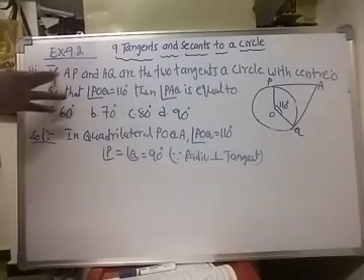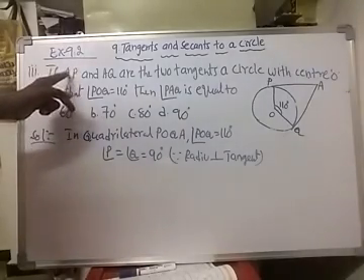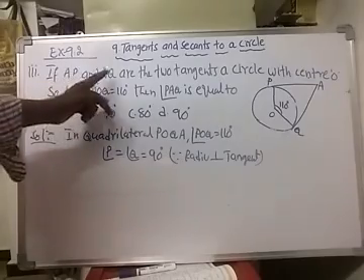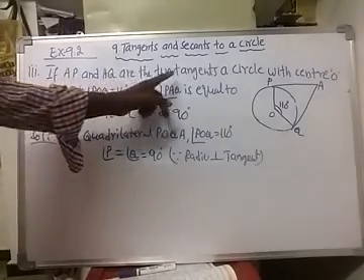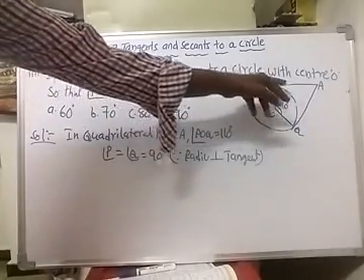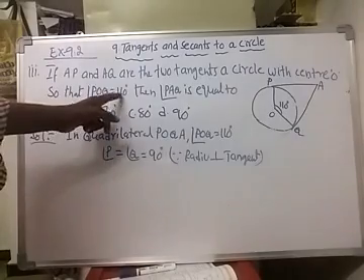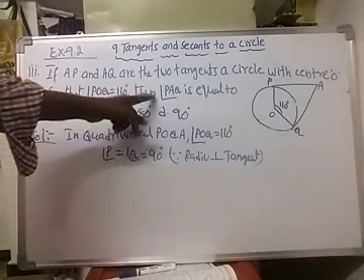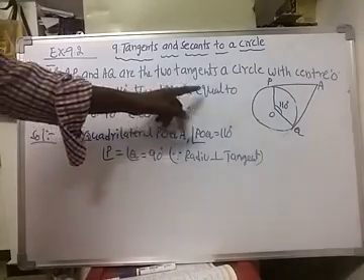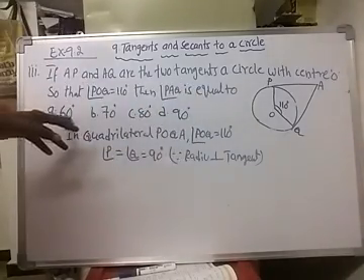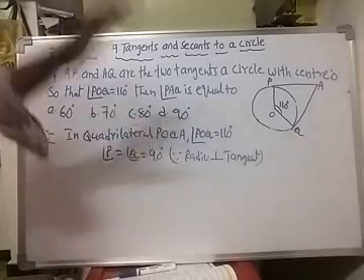Now, third problem. If AP and AQ are the two tangents to a circle with center O, so that angle POQ is equal to 110 degrees, then angle PAQ is equal to: 60, 70, 80 or 90?